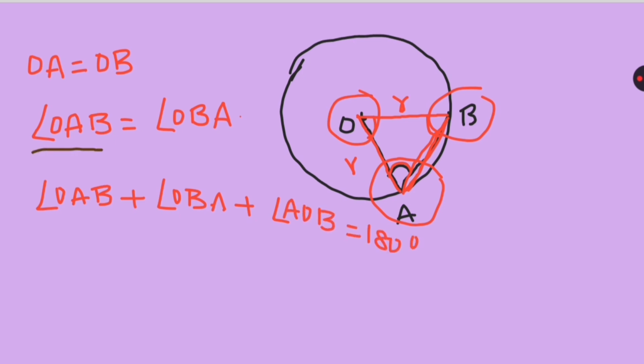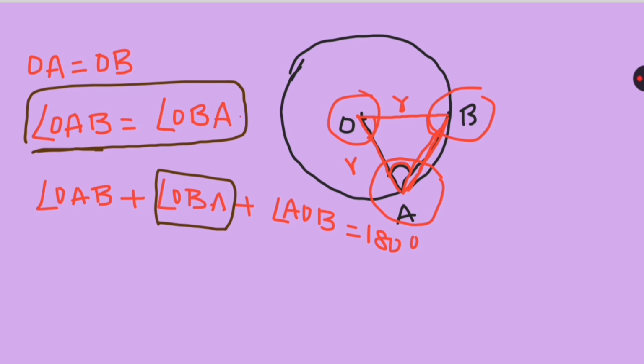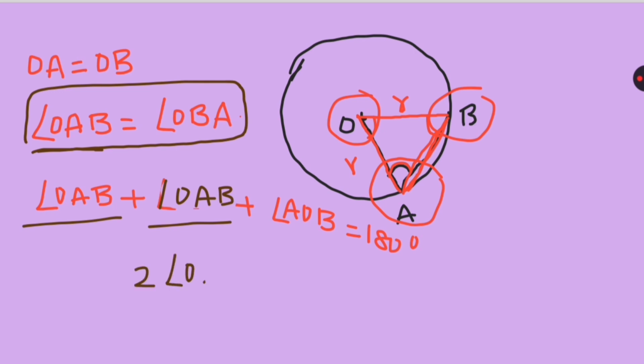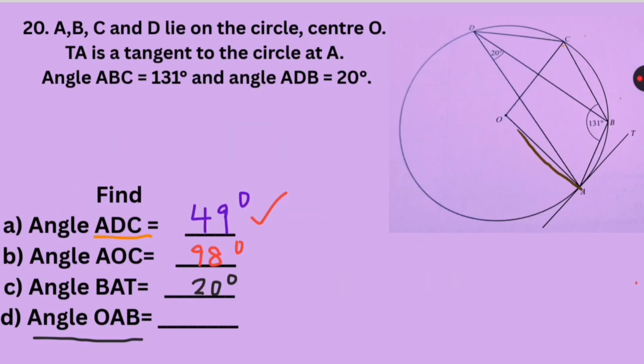Here angle OAB is equal to angle OBA, so instead of angle OBA, we can write angle OAB. After adding, we will get 2 times angle OAB plus angle AOB equal to 180 degrees. We need to find angle AOB.